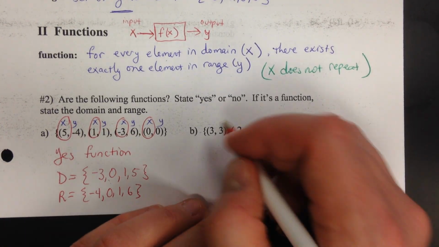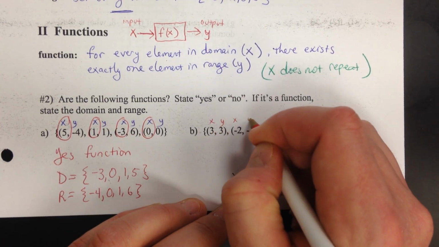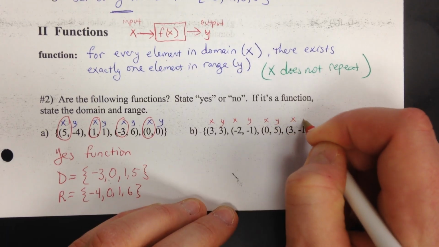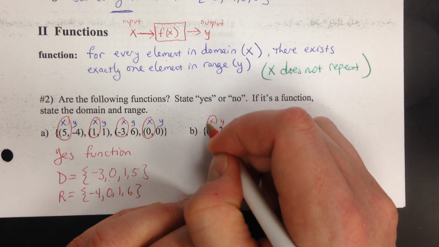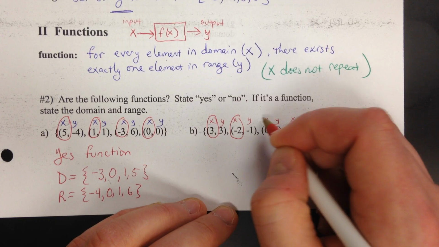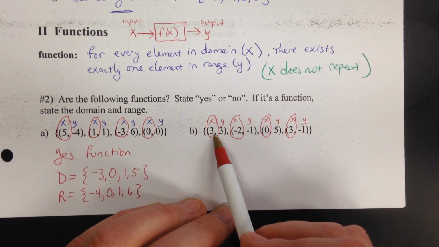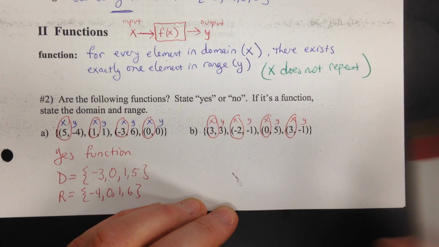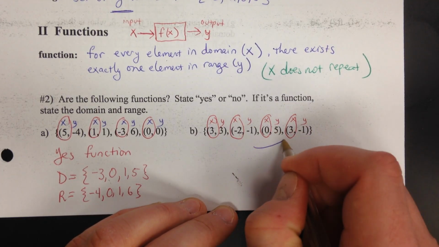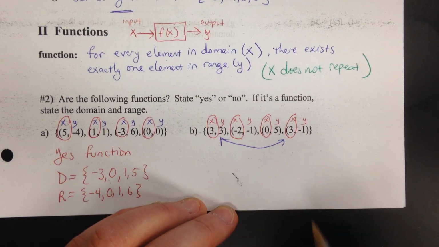Part B, all right, let's go. xy, xy, do this again. Again, for a function, you're only focused on the x's if you're trying to determine if it's a function: 3, -2, 0, and 3. Notice that the x's repeat.